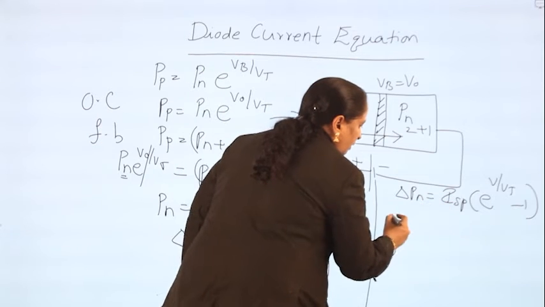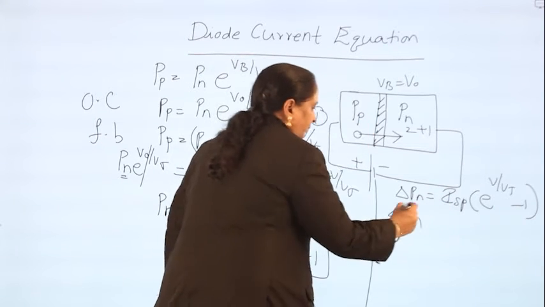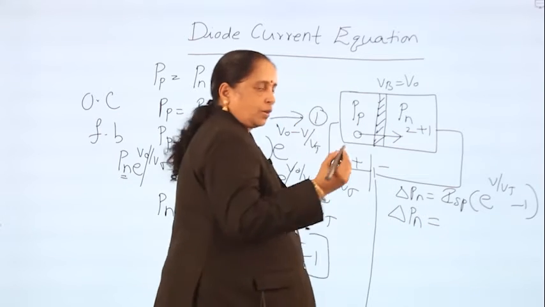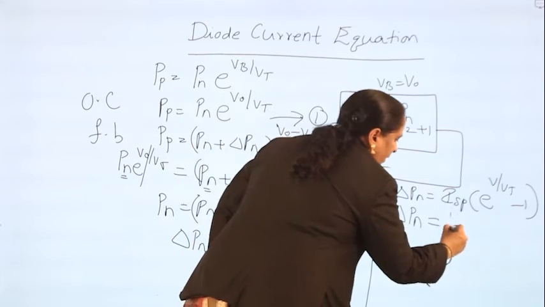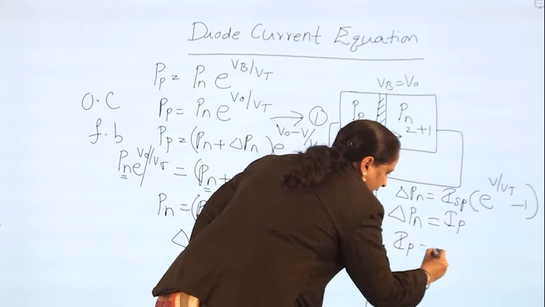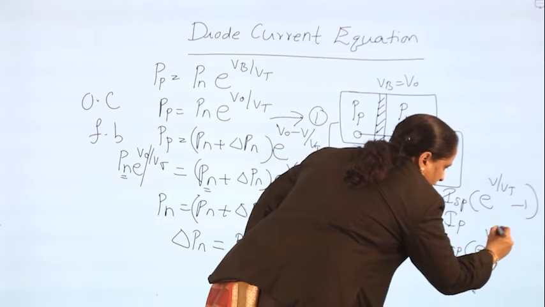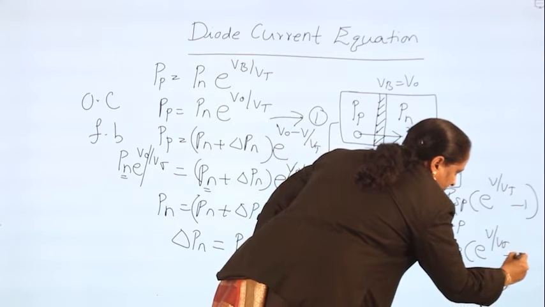In the same way we can also calculate the electrons, but here this delta Pn is known as hole current. Therefore, the hole current is equal to Isp into e power V by Vt minus 1.